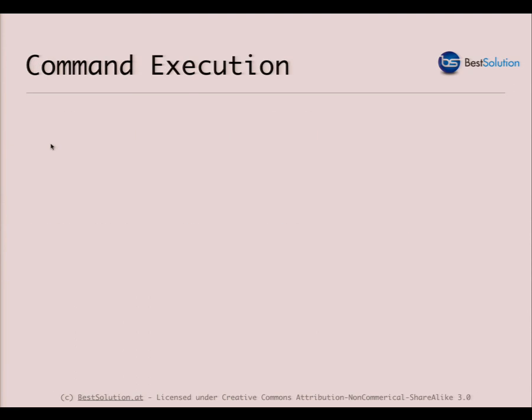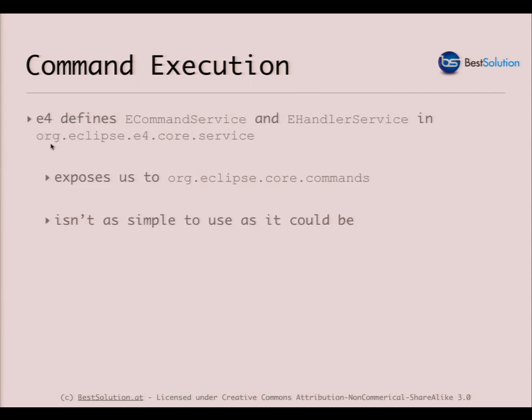Next thing, command execution. FXClipse, E4 defines a command service and a handler service. The problem is that the command service exposes to us core commands. I told you, I don't want to see any Eclipse code referenced in my code base, so it's impossible for me to execute a command without referencing Eclipse 4 code.